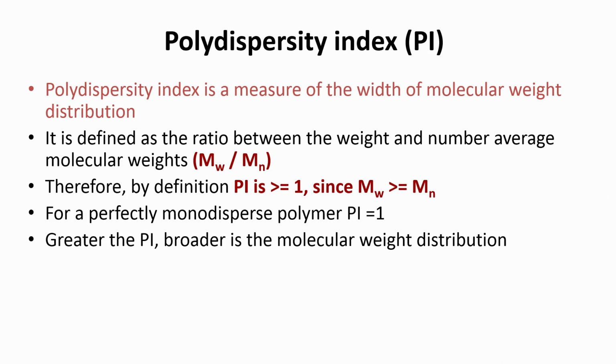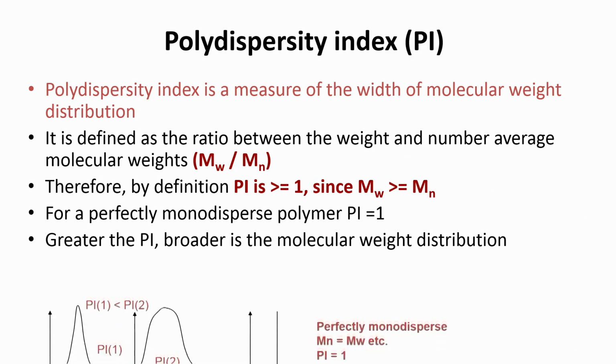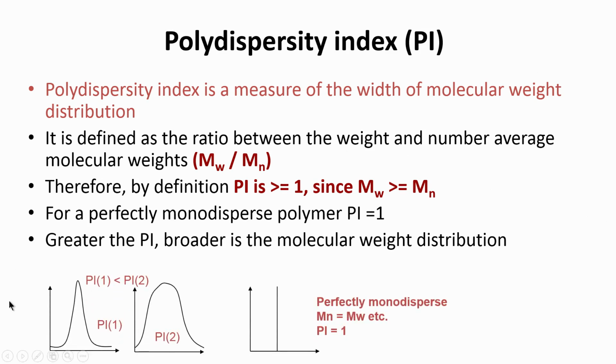Typically if we want any polymers, we would like these distributions to be narrow, because that will help us identify what are the different properties and how the polymers will behave. The higher the PI, the more difficult it is to predict how it is going to behave in terms of its different properties. As we can see here, in this case we see a fairly monodispersed polymer with a very narrow distribution.